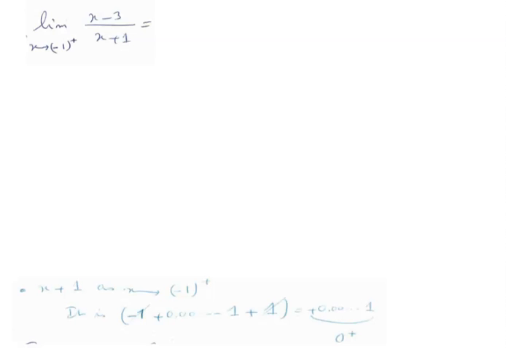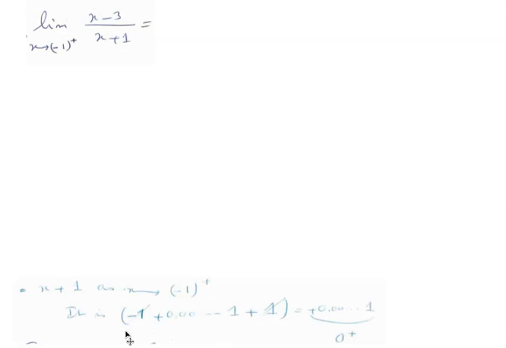Now the same for the limit of the function as x tends to minus 1 plus. Minus 1 plus means epsilon after the minus 1. It means any small value to the right of minus 1. If I take the value of x plus 1 as x tends to negative 1 plus, it is negative 1 plus 0.00001 and then plus 1.